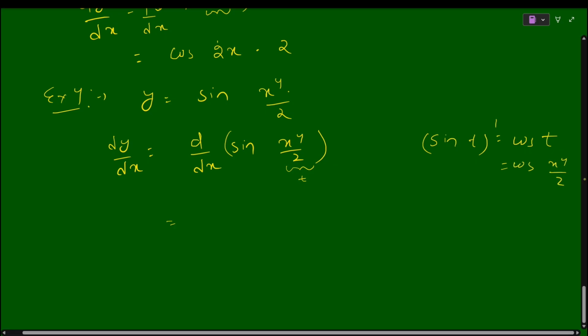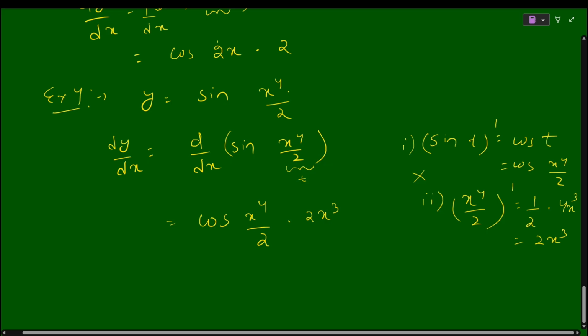So the first step is the sine derivative, which is cos x4 by 2. Then the second step is the inside function's derivative with respect to x. So here 1 by 2 is constant, then x4 has the derivative 4x cube. On solving this is 2x cube. So into the derivative of t, that is 2x cube, means first function into the second function.